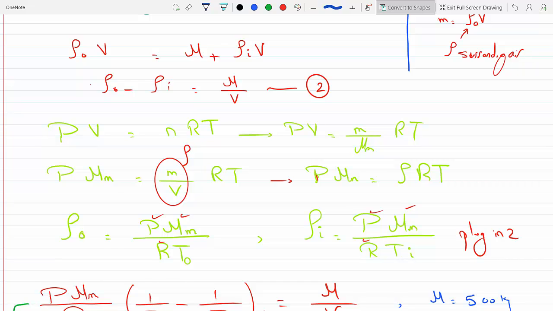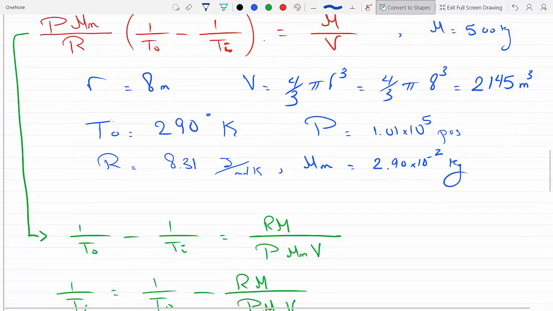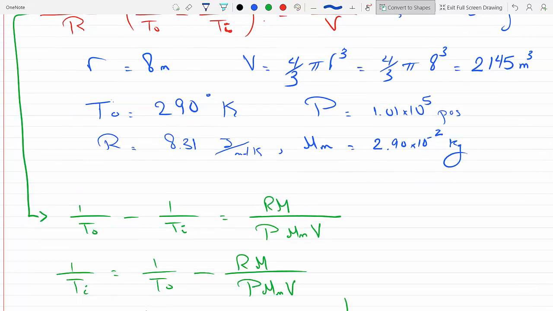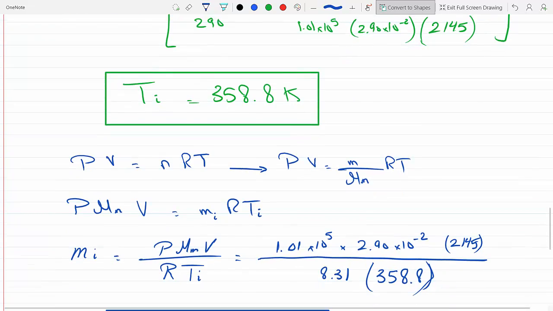So I replaced densities with expressions having temperatures in them, and then I plugged them in. I know everything else, and I solved for the temperature inside, since everything else is known: pressure, the volume of the balloon we approximated, the molar mass of the gas, the universal gas constant, the temperature outside. All these variables we can approximate, or we have good numbers on. And we figured out the temperature inside.